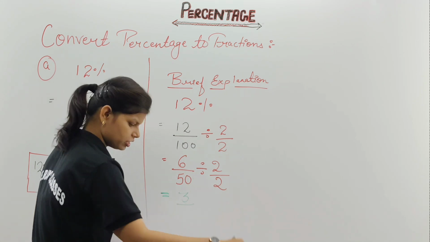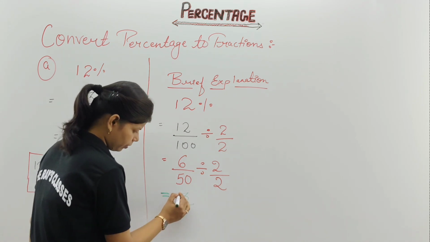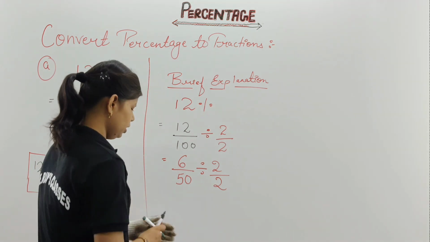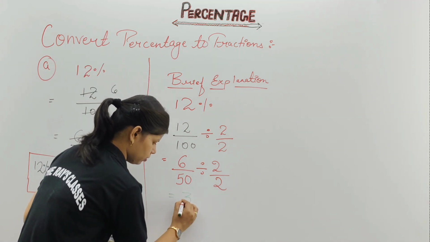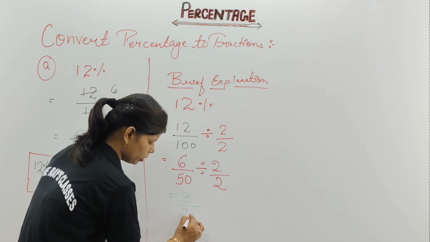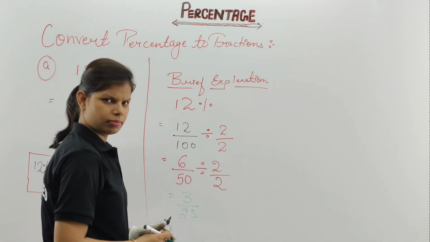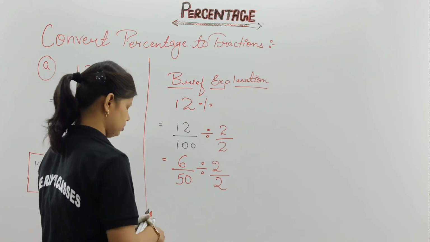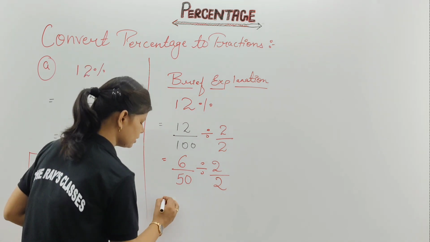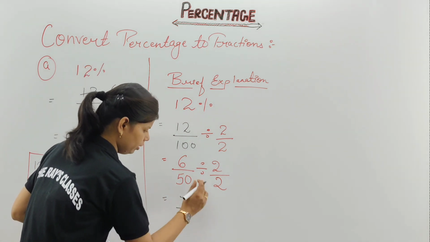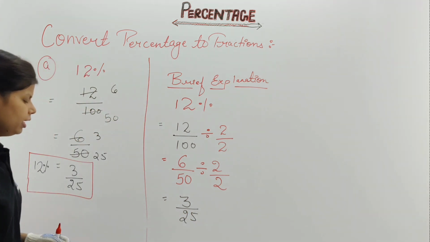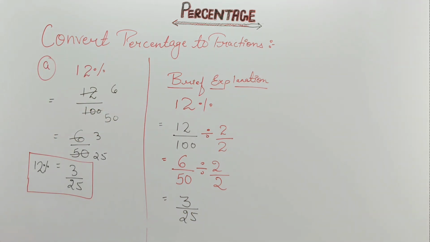I hope this color is visible to you. 3 upon, here you will get 25. Okay, fine, I'll use this black color as well. So your answer is 3 upon 25. Clear?